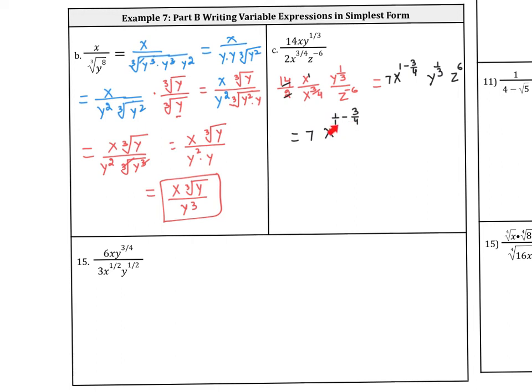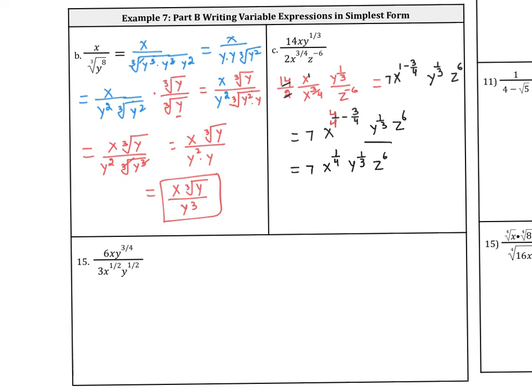So we are going to multiply and divide by 4, so we get 4 over 4. And what you got is 7, and 4 minus 3 is 1, so 1 over 4. So 7x to the power 1 over 4, y to the power 1 over 3, and z to the power 6.